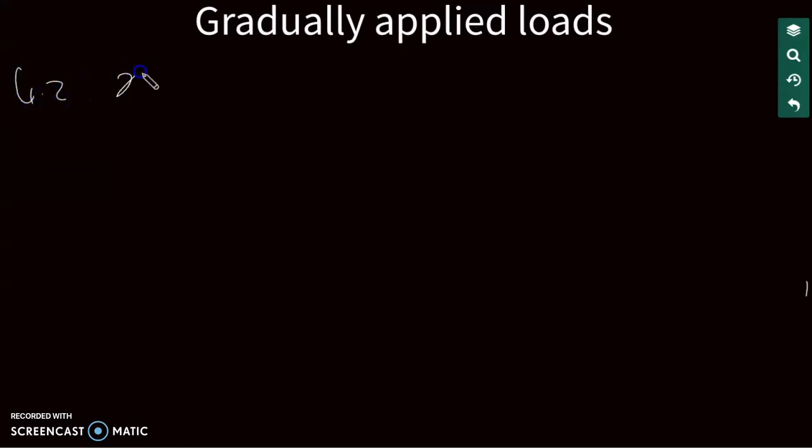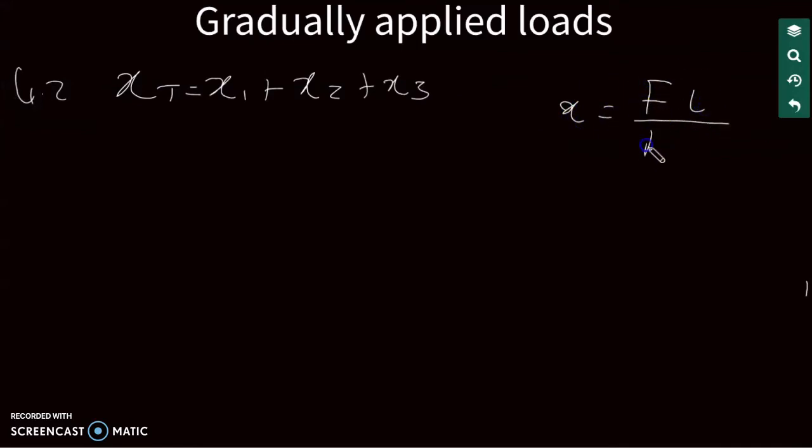We then go to question 4.2, which says calculate the total change in length. The total change in length is given by change in length number 1 plus change in length number 2 plus change in length number 3, since we have 3 sections. The formula for change in length is force times length divided by area times modulus of elasticity.